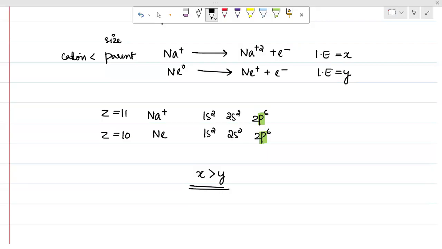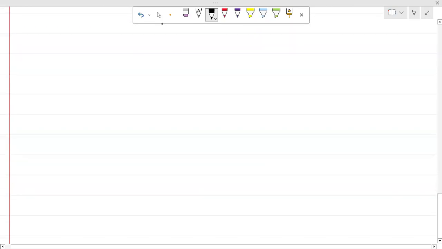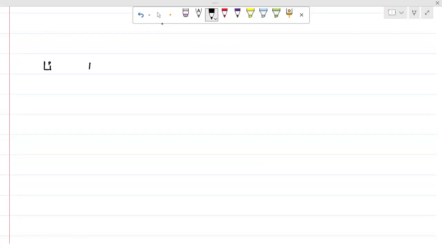Okay, let's do one last question, and then we'll go to the application part. Let's say you have lithium, beryllium, boron, carbon, nitrogen, oxygen, fluorine, neon. You have to write the order of ionization energy.